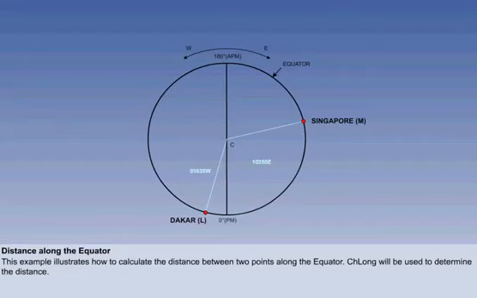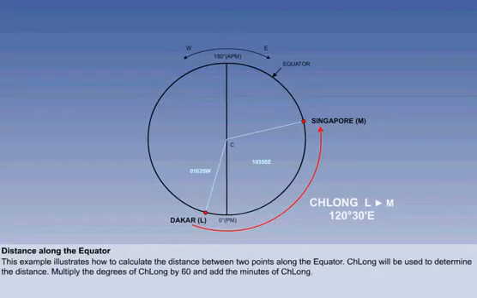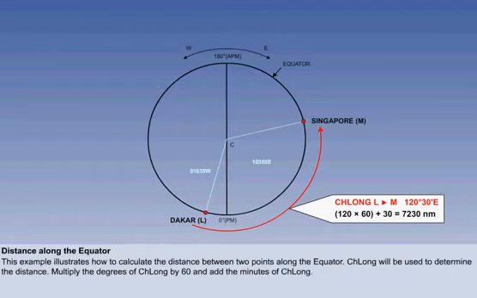This angle is ChLong as the ChLat is 0. ChLong is 120 degrees and 30 minutes. As 1 minute of longitude equates to 1 nautical mile only at the equator, the distance is 7,230 nautical miles.